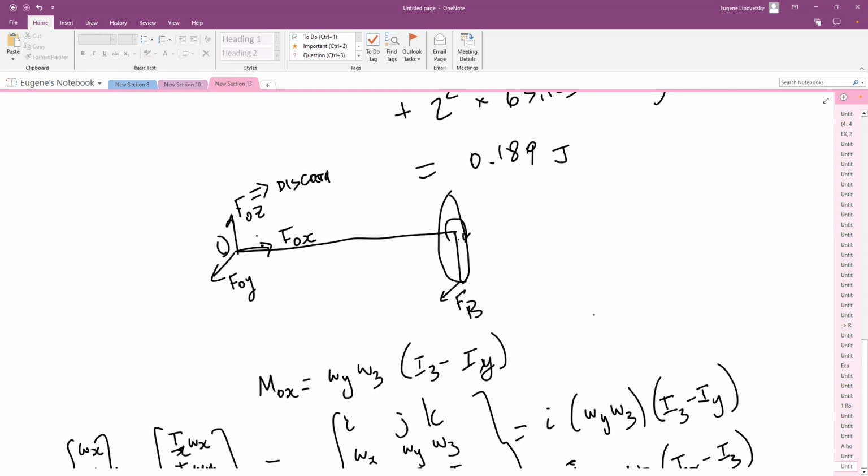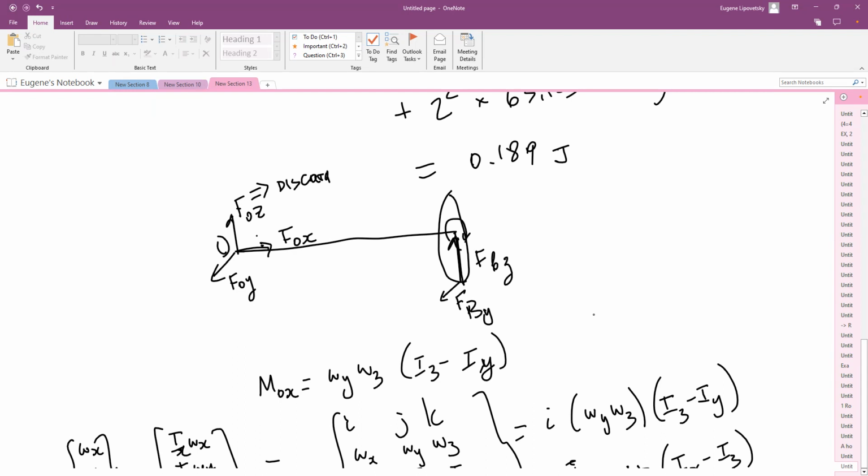Yeah, there'll be. So FB y, and this is going to be FBX, FBZ, right? Okay. Just a second. Let's see. We have a moment about this point. Okay, moment about this one. Omega y is 0.